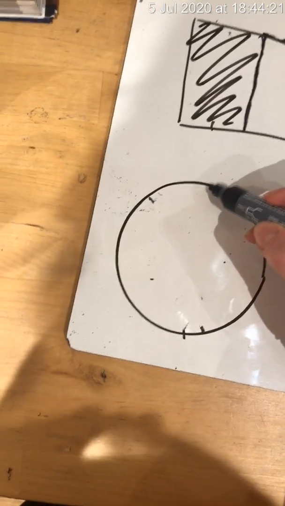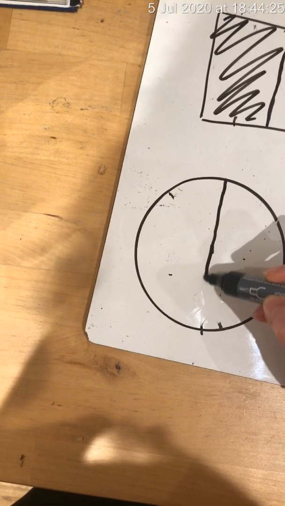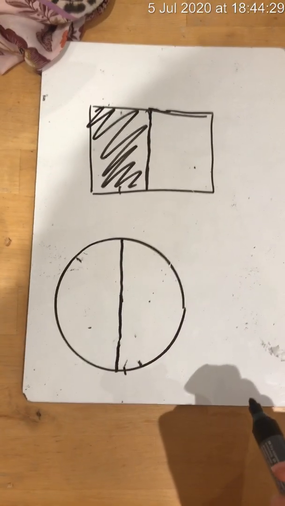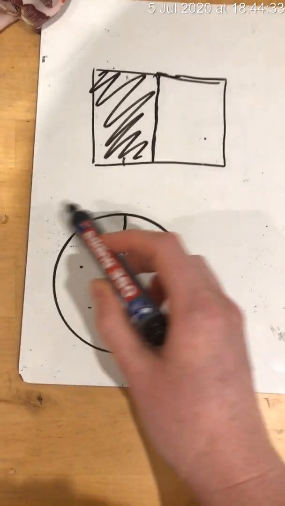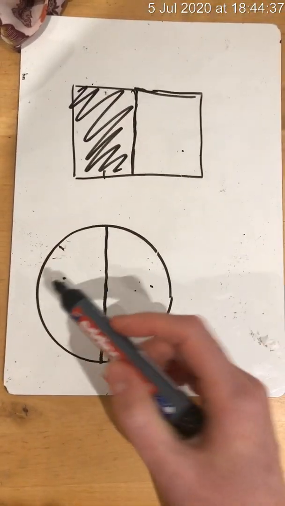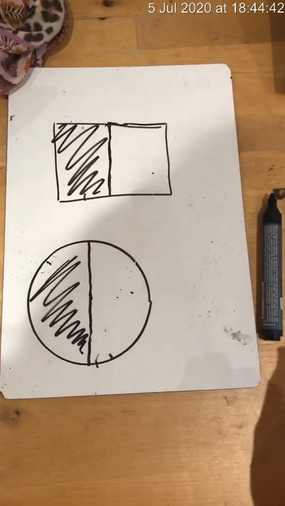This side was much smaller. If I want to make it equal and cut it in half right down the middle. There we go. So I've got the same amount on each side. I've had my whole and I have split it in half. I can colour in that half.